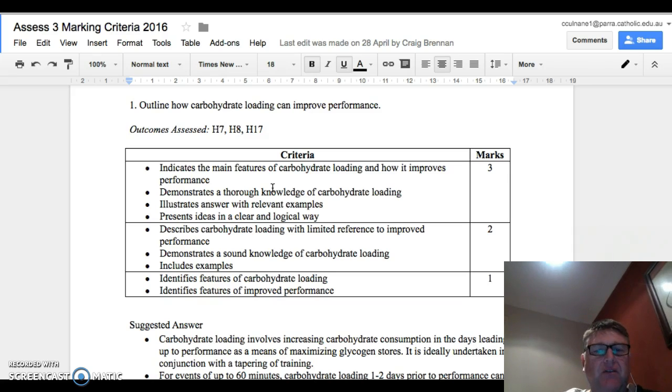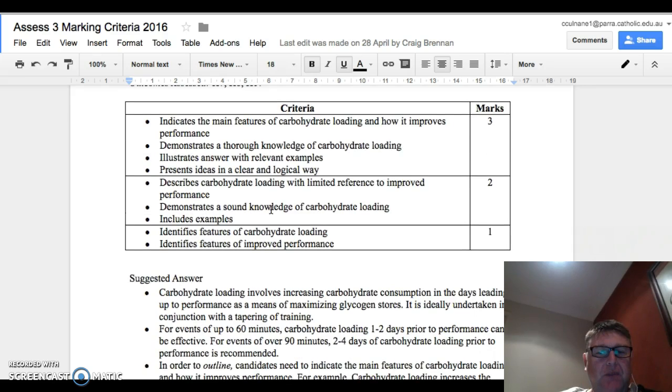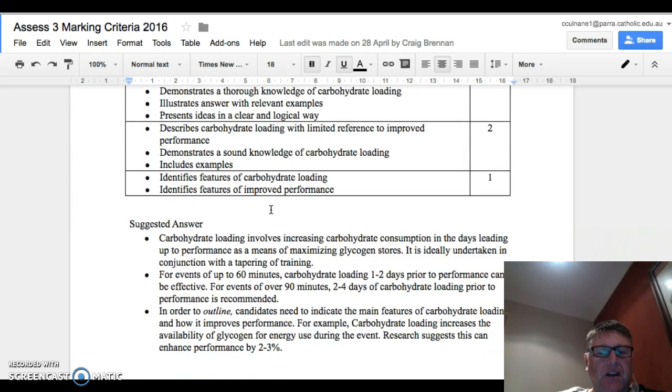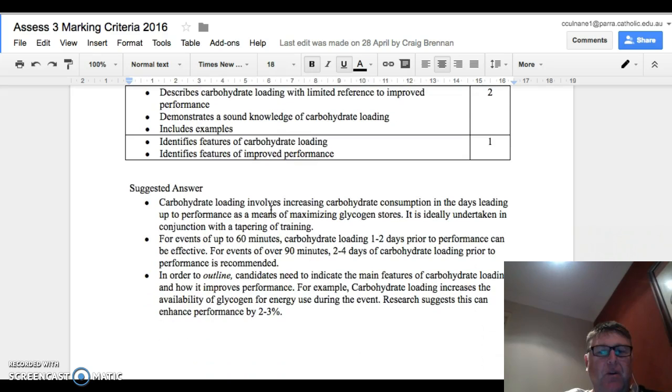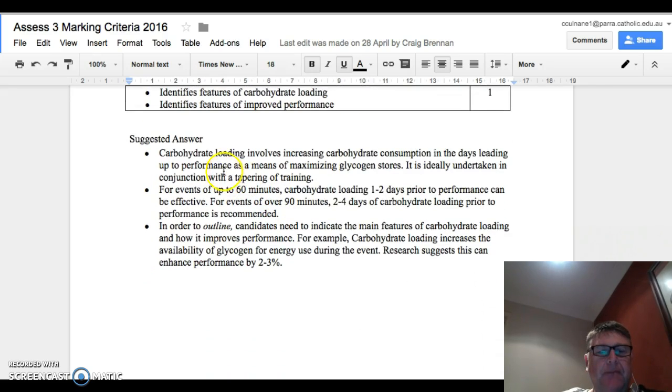Demonstrates a thorough knowledge of carbohydrate loading, illustrates with relevant examples, and presents in a clear and logical way. Again, that comes back to that initial part of the rubric on the question paper that I was referring to initially. In your answer, you need to talk about carbohydrate loading and the relationship between maximization of glycogen stores, and present an understanding that it is for endurance type activities.